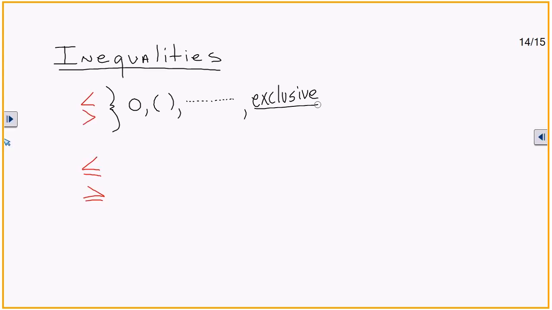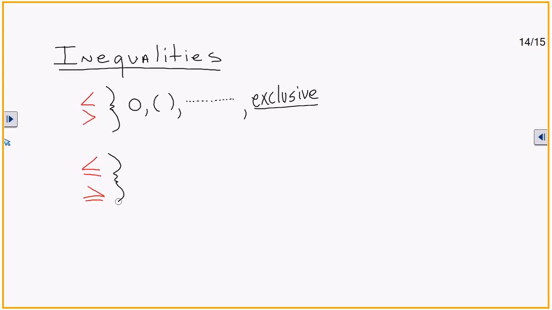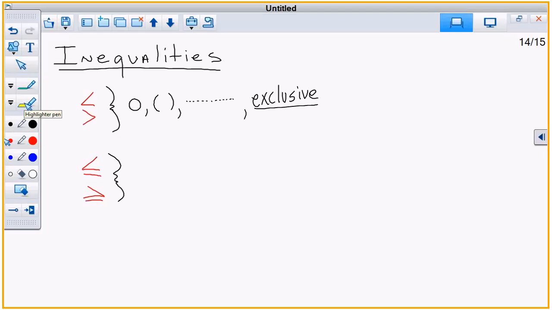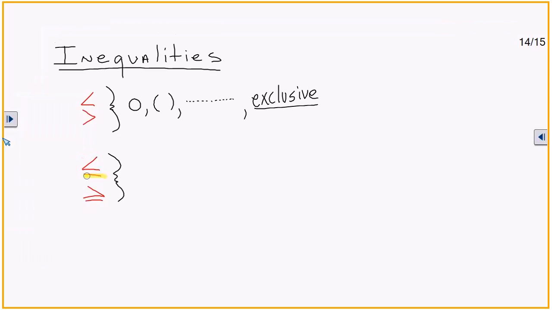These two guys have the equal sign. So remember, and I'll highlight the equal sign on it, so therefore you will hopefully remember that these two guys are inclusive.